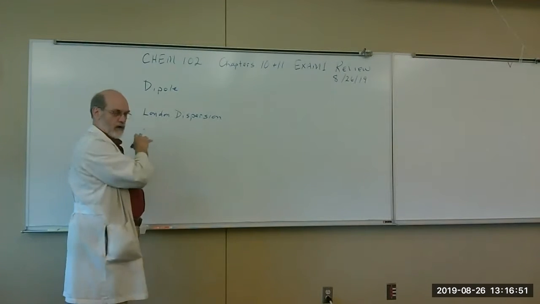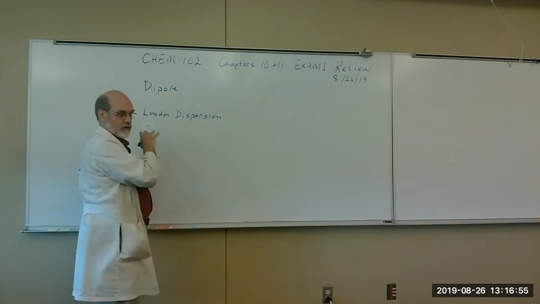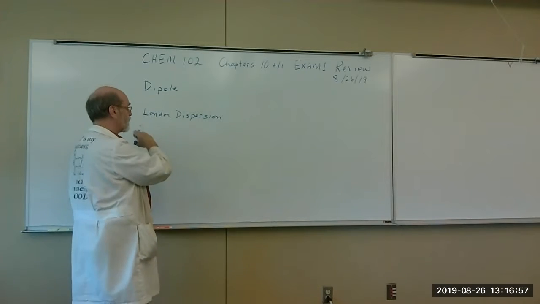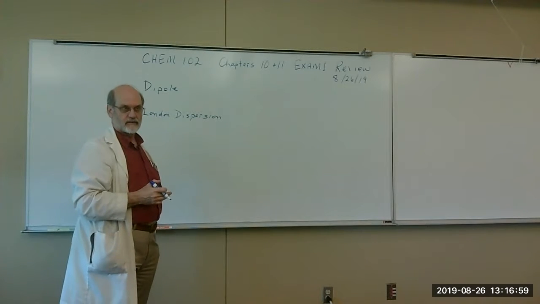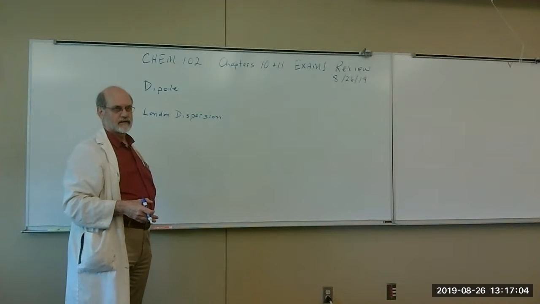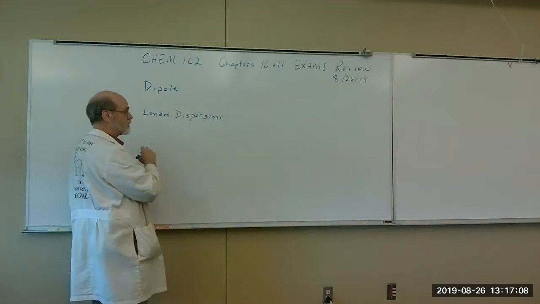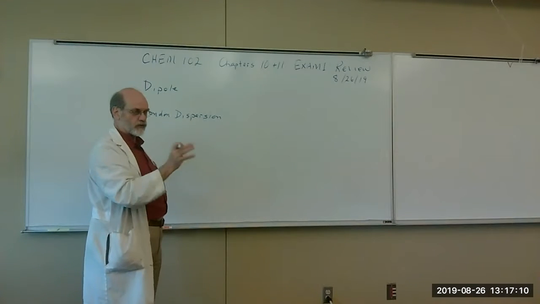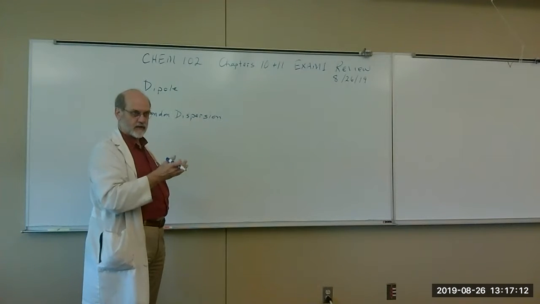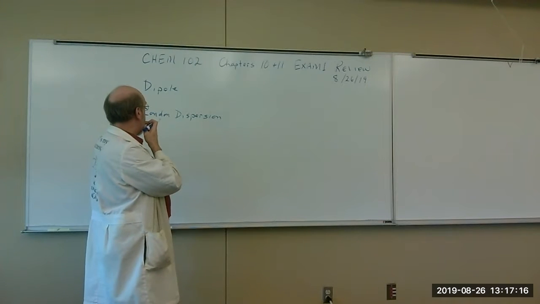Well, London dispersion forces are always there, but if there is a dipole, then the London dispersions don't count much. They might be a fraction of a percent contributing to the forces. So if you have molecules with dipoles, those are the dominant forces that hold things together.